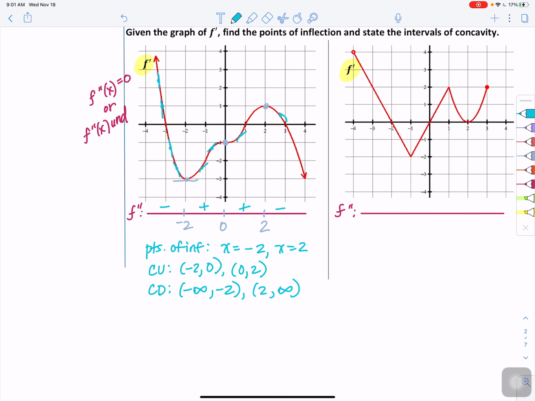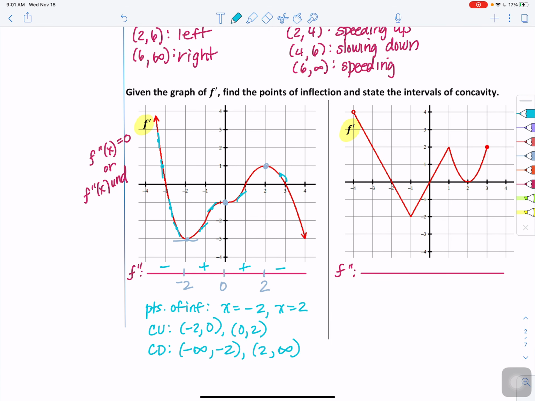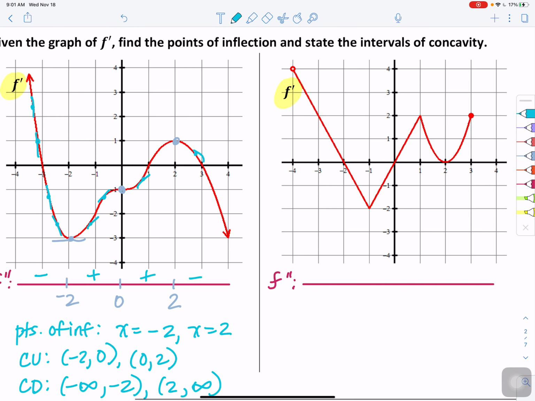Okay, the last problem here is a really nice one. Again, this is the graph of F prime, so we're looking for the derivative of this graph. So we notice that we have the second derivative undefined here and also here. And here the second derivative is 0. And I could have put that over on all of these that the second derivative was 0.